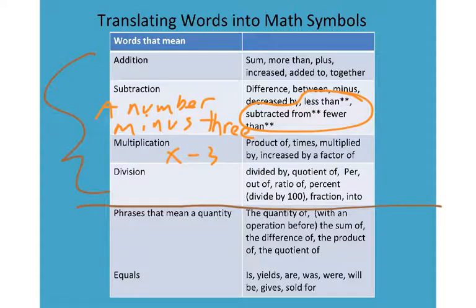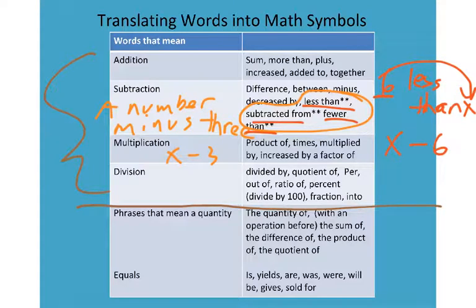So let's say I have 6 less than x. What happens is less than means we're taking 6 away from x, so it actually would be x minus 6. All right, so when you have less than, subtracted from, or fewer than, you have to switch the order of the two things you're subtracting, because whatever comes first is being taken away from the other item.